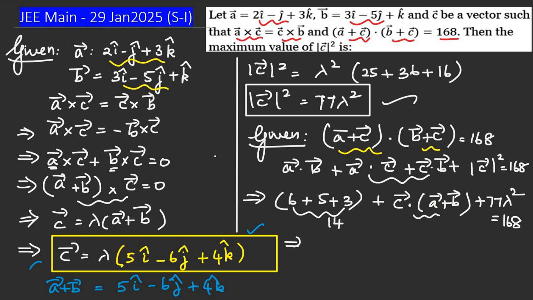Now, taking the dot product of these two vectors, C·(A + B) gives us λ(5i − 6j + 4k) the whole squared, plus 77λ² is equal to 168 minus 14, which is equal to 154.